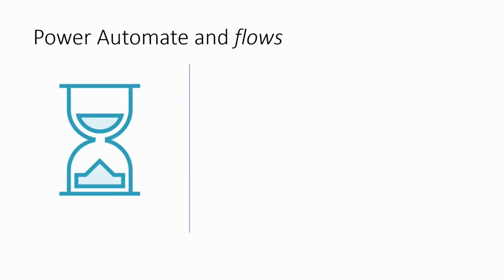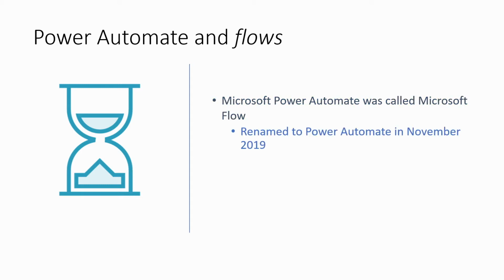Also, a quick bit of history. Microsoft Power Automate was called Microsoft Flow originally, and it got renamed to Microsoft Power Automate about a year ago at Ignite 2019 in order to better fit with the Power Platform branding.